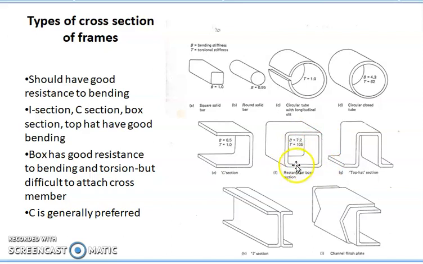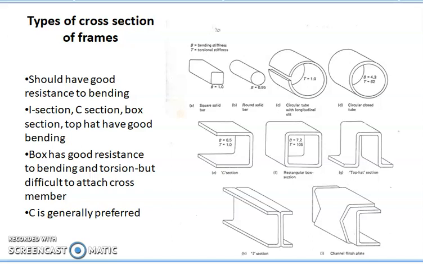But the drawback with this cross section is that attaching other members becomes difficult. So considering this fact, for ease of attachment of other members, we generally prefer C section, top hat section or I section. And among these three, the most preferable one is C section.